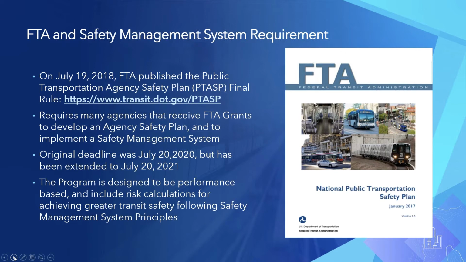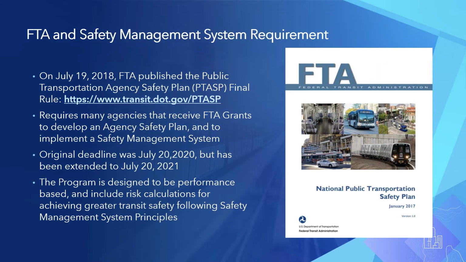The goal was to tie transit asset management requirements and a state of good repair to an agency's safety policies, and to really help guide resource and investment decisions for transit agencies. And while not every transit agency had to comply, the largest majority of transit agencies that receive FTA grant funds are required to develop an agency action plan.